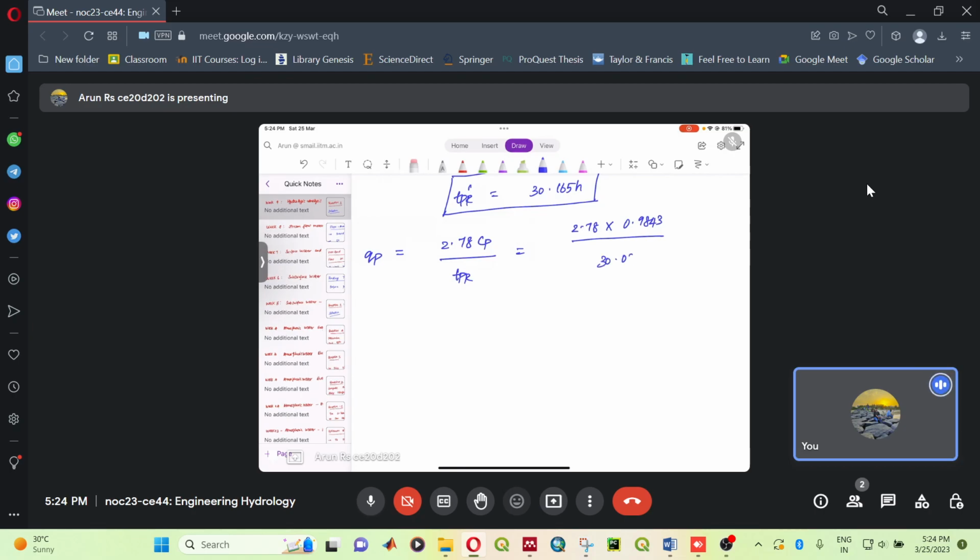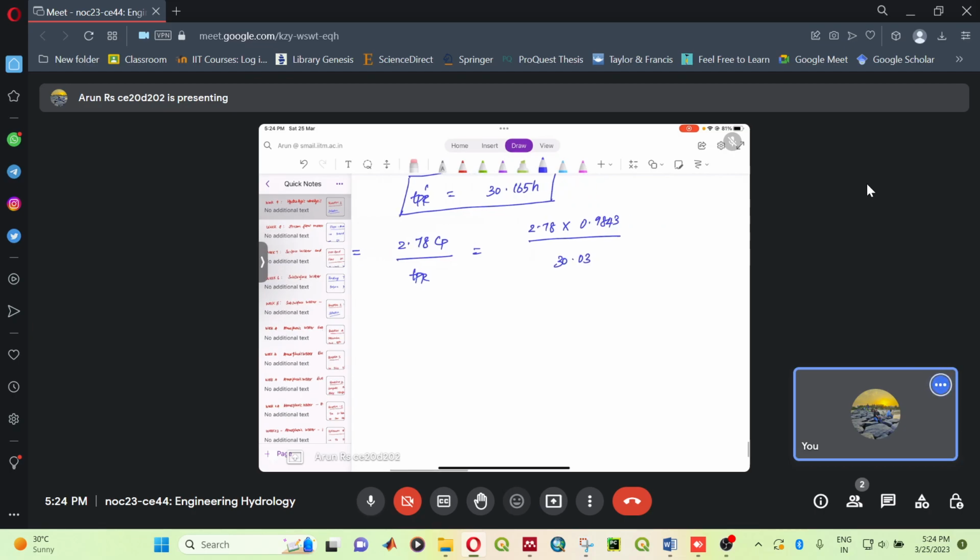Here we are using the first lag which we got. Later we'll be adjusting with the ratio.